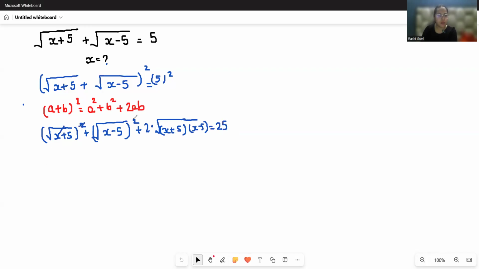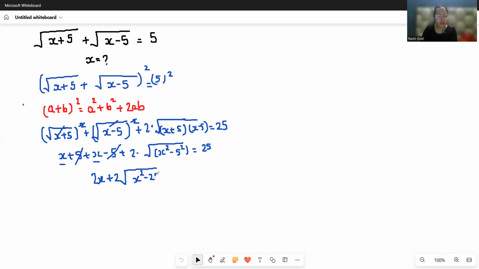Now with the help of this, the square root eliminates. So x plus 5 plus x minus 5 plus 2 times under root, this becomes (a plus b)(a minus b), that is a square minus b square, equals 25. So the positive 5 cancels out the negative 5, and x plus x is 2x, plus 2 under root x square minus 25 equals 25.